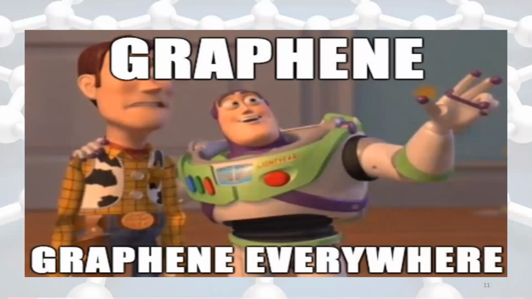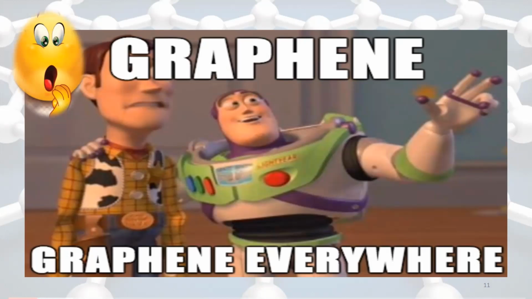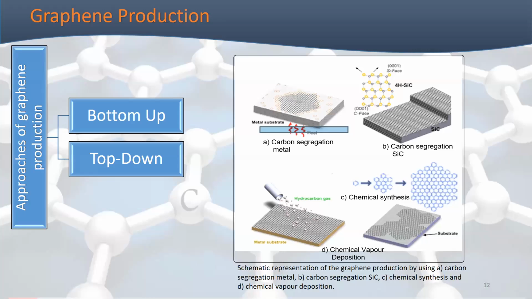Despite its apparent properties, the application of graphene on an industrial scale in real-world applications suffers from difficulties in production, namely the small scale of production of either single or few-layered small sheets, which is considered a major downside. Moving to graphene production.